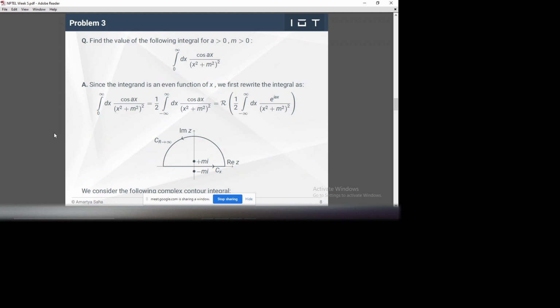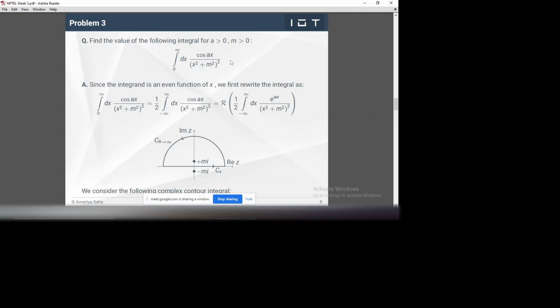But now we have to relate it to the one that was actually given in the question. So what was the one given in the question? We have just evaluated this integral, right? e to the power ix divided by x squared plus m squared whole squared. So we know the value of this integral, and we have to take the real part of half of this value.